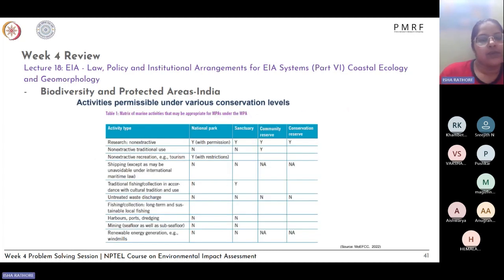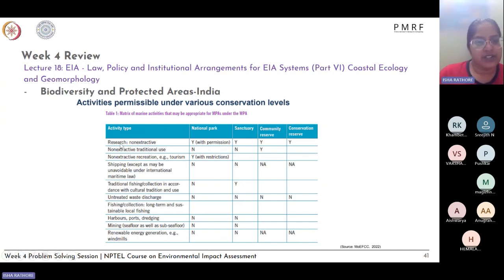Okay. Then we also looked up at the activities which are permissible under the various conservation levels. So, marine activities like research, whether it is permitted in national parks, sanctuaries, community reserves, or conservation reserves. So, it is permitted with permission in certain places, with restrictions in certain places. And so, in some of these categories, they are not even allowed.